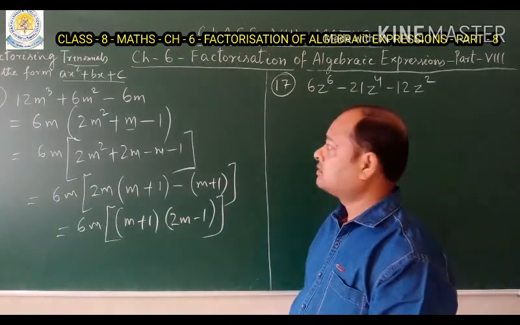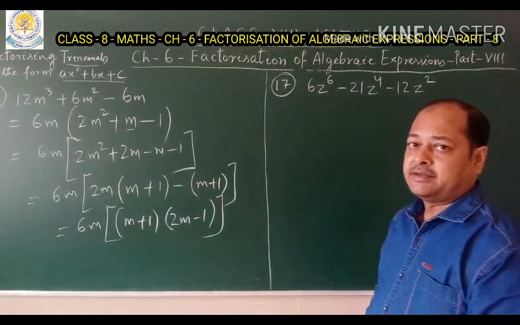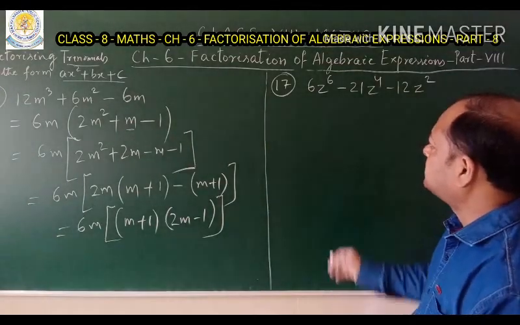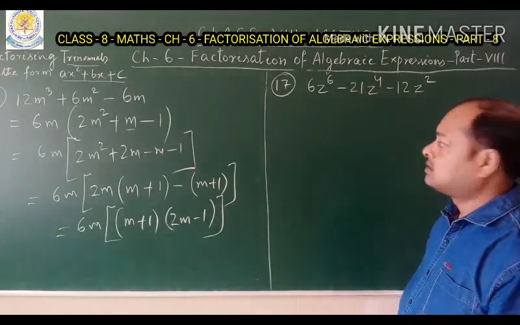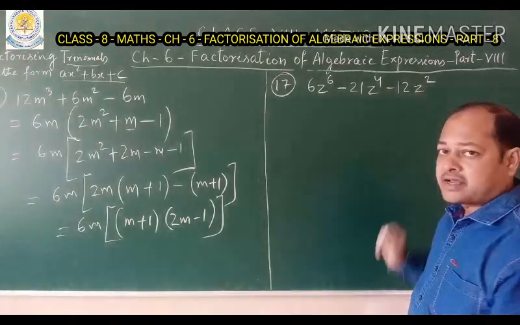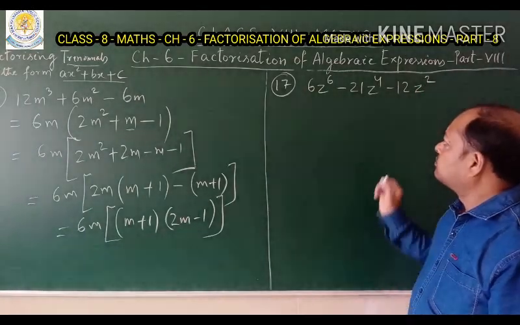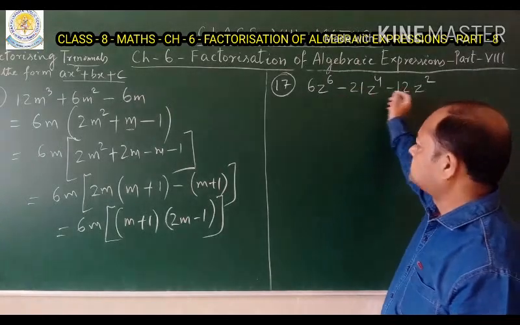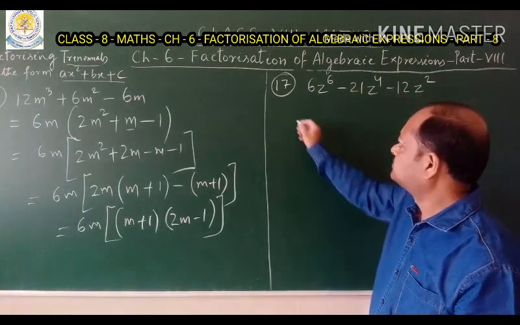Now we are going to solve question number 17. Question number 17 says 6z^6 minus 21z^4 minus 12z square. So we have to see all these three terms. What is common first?